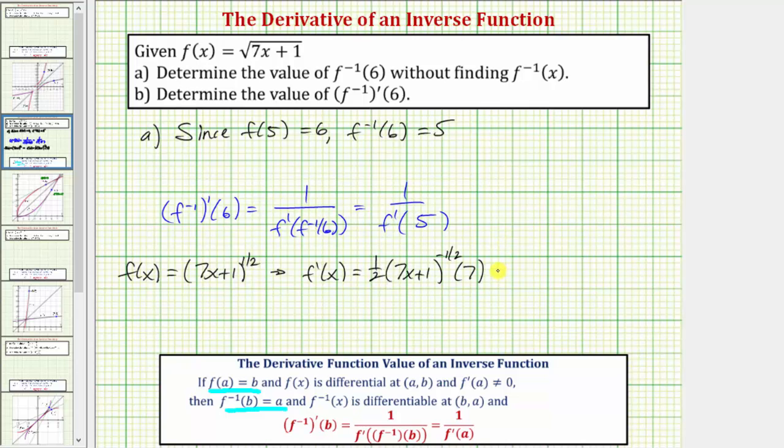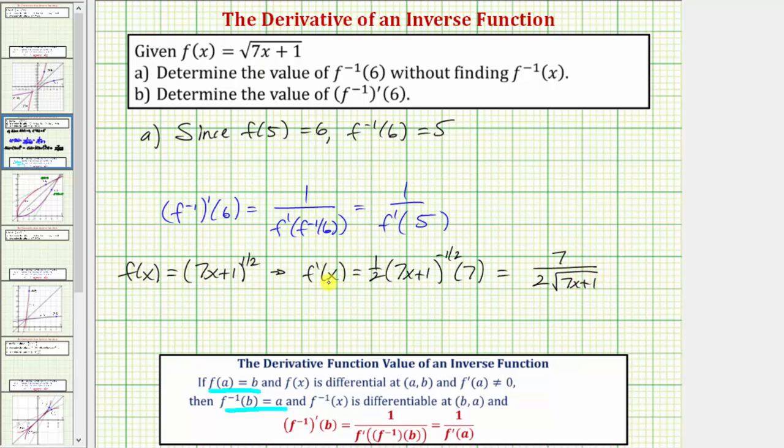So let's write f prime of x as 7 all over 2, and let's write this as the square root of the quantity 7x plus 1. Notice how we had a negative exponent here. If you move it down to the denominator, it becomes positive 1/2, which is the same as the square root.